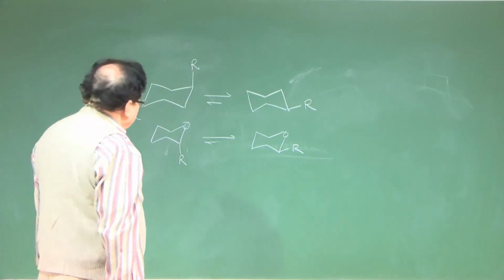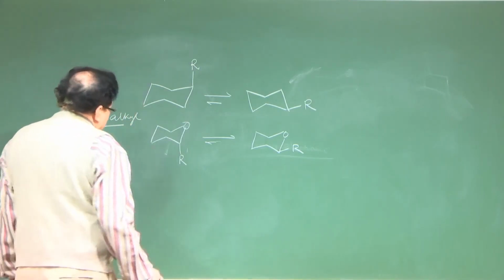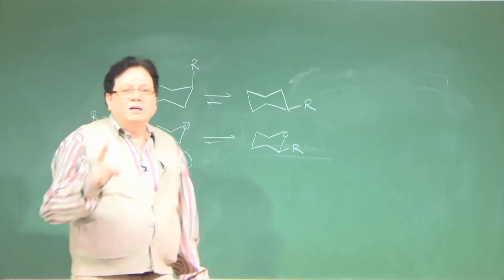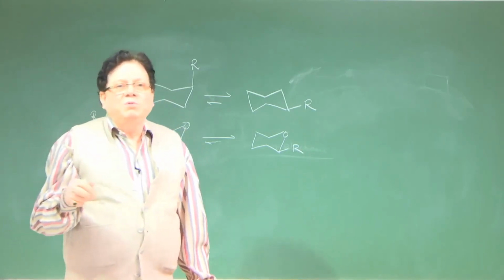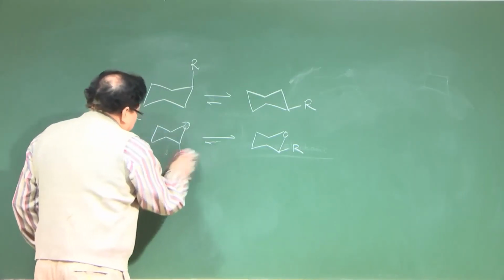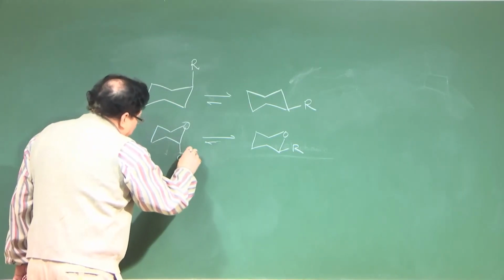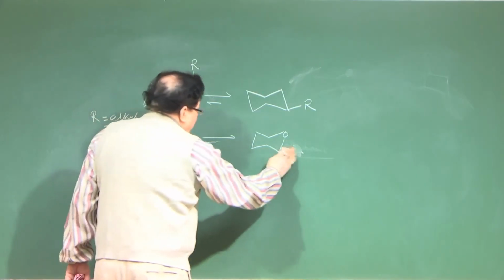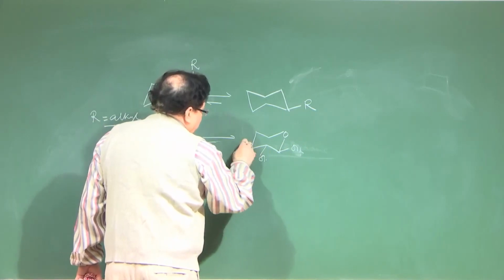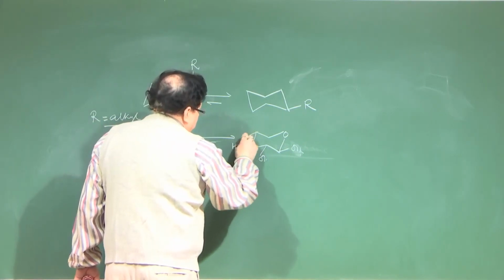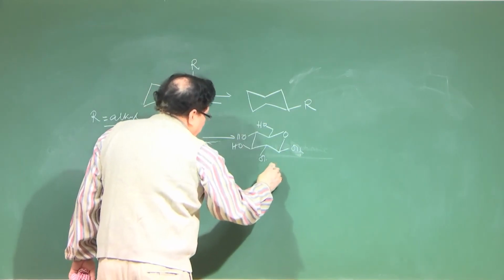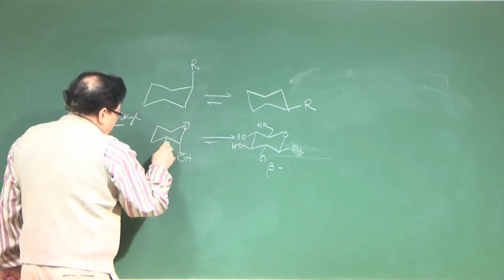Then suddenly what happened is that if you change the character of R and put a polar group, like, suppose it is in the form of a glucose molecule with wedge here and wedge there, so this is beta glucose and this is alpha glucose.